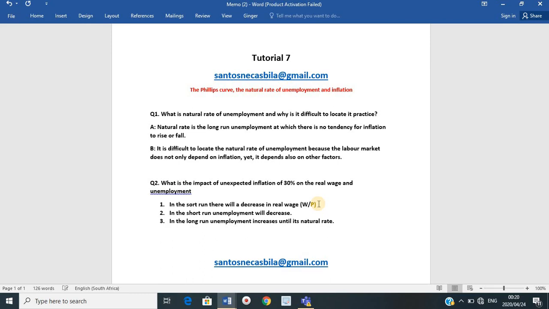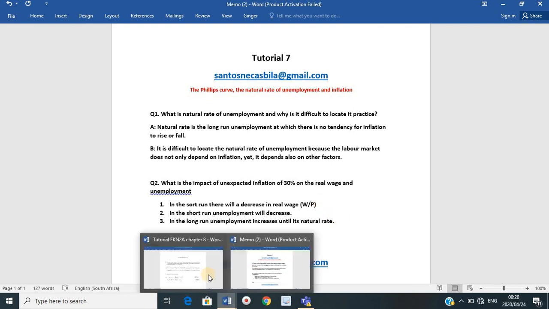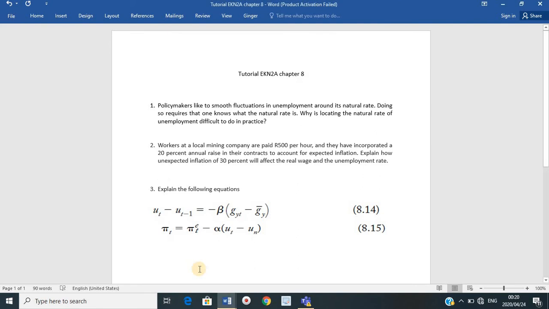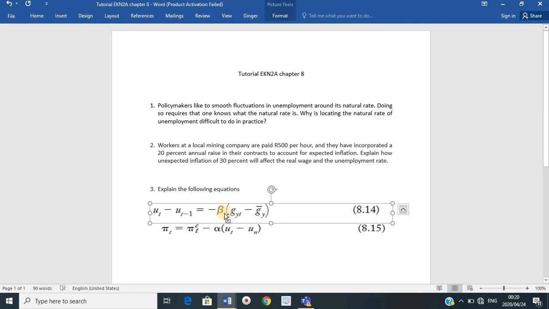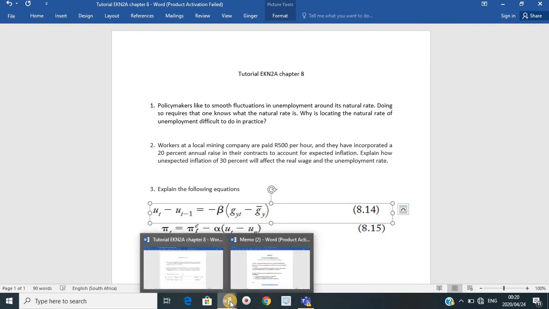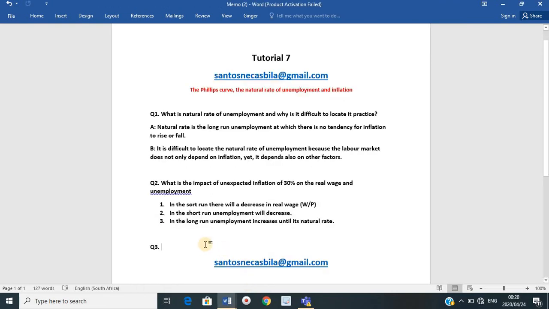So question 3, let's see. It says explain the following equations. I will just copy this and paste. Explain the following equations.